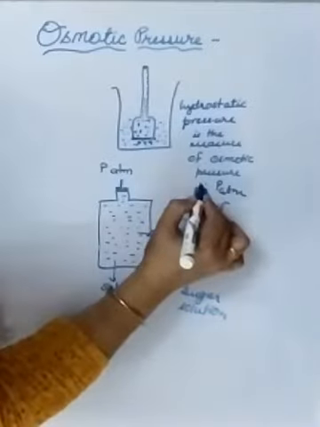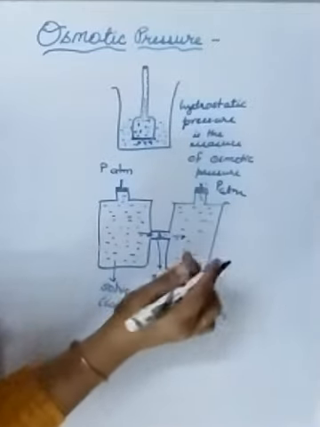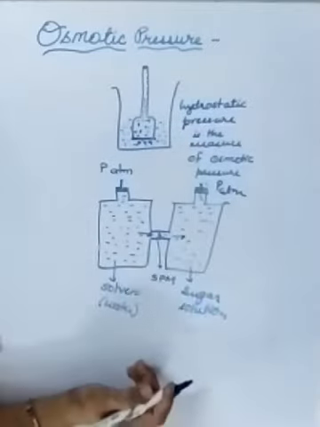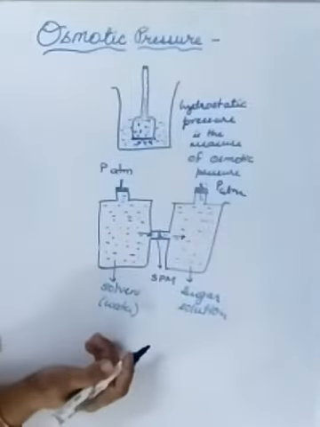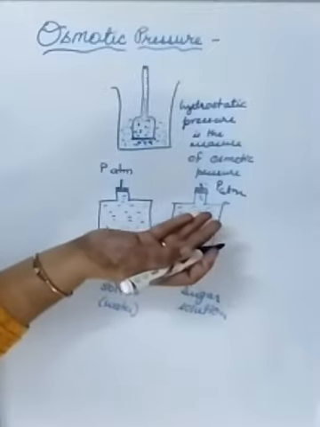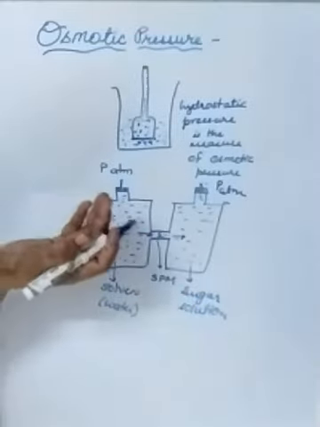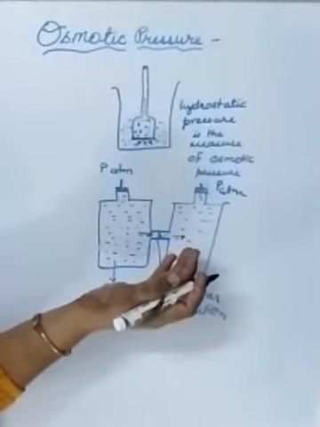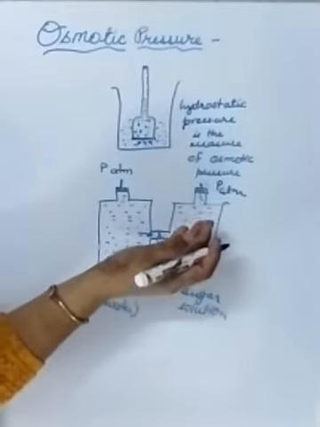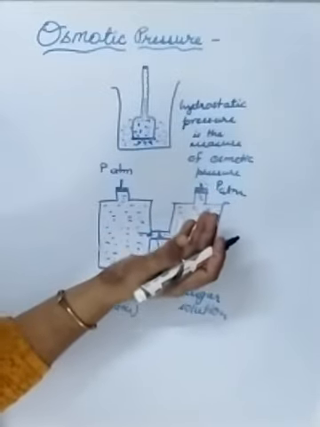We will see that because of this, the level rises on the solution side, because solvent is continuously moving to the sugar solution side. We will find that this piston will move upward.